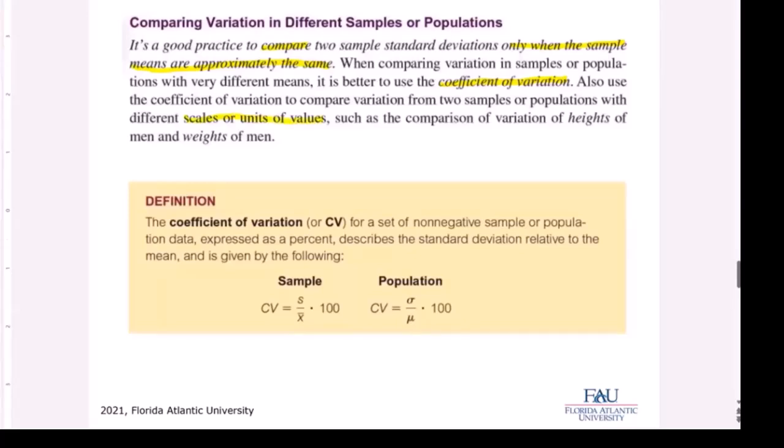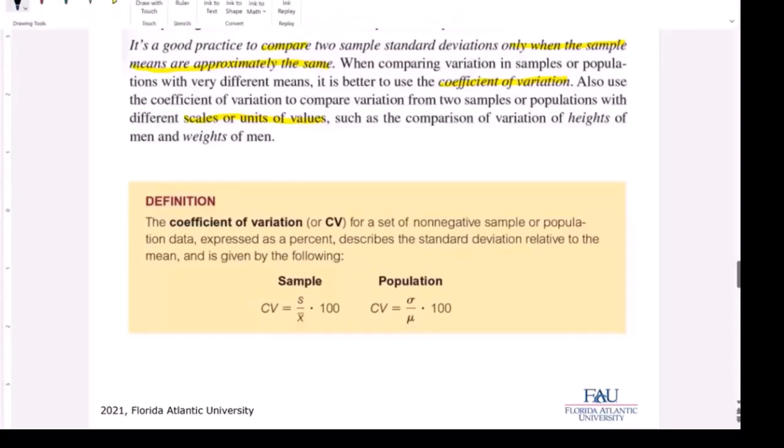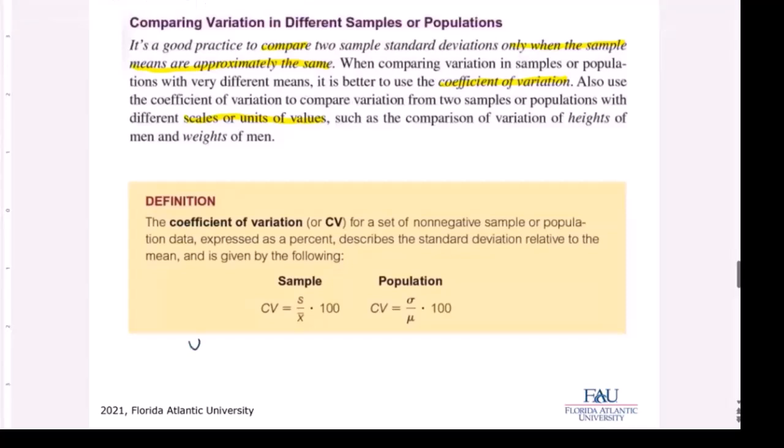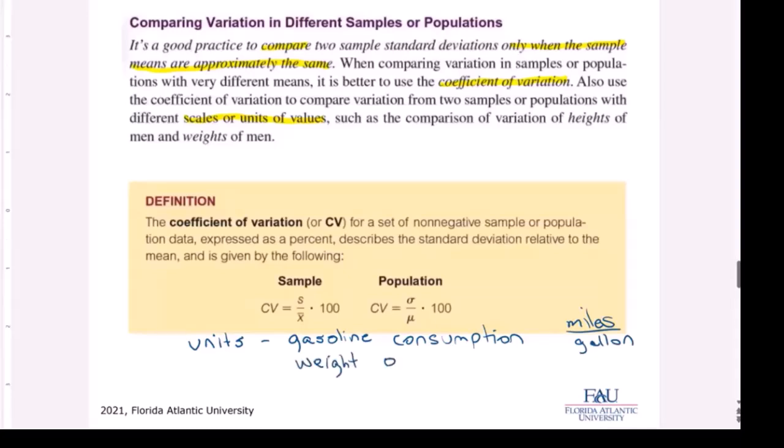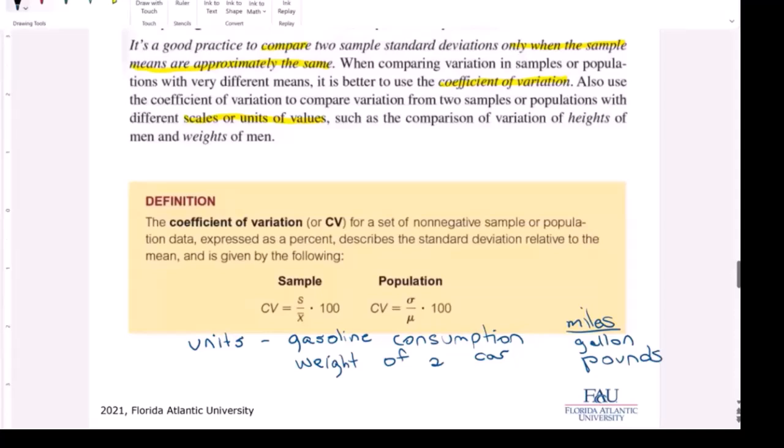What if we wanted to compare miles per gallon to weight of a car? If I did that, I could say the units for gasoline consumption would be miles per gallon. The units for weight of a car are pounds. These are called units.